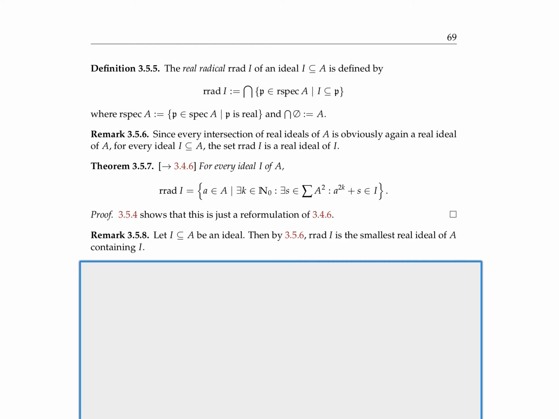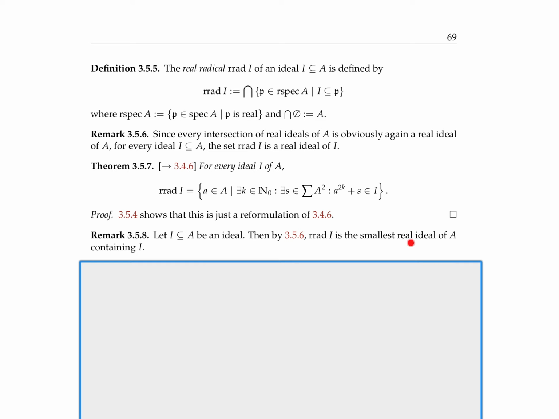So let I be an ideal in A. By this result, the real radical of I is the smallest real ideal of A containing I, of course. Like in the classical case, the radical of an ideal is the smallest radical ideal containing this ideal.